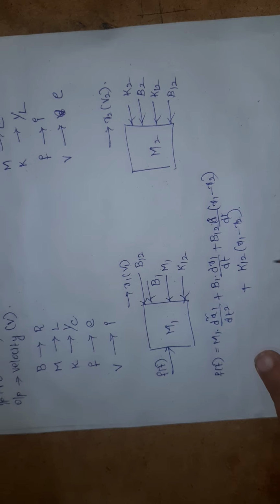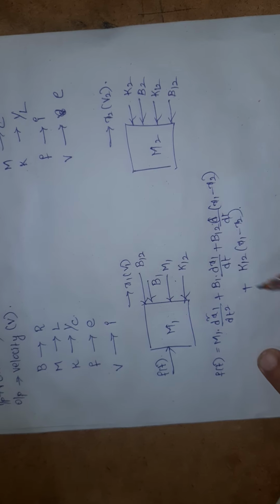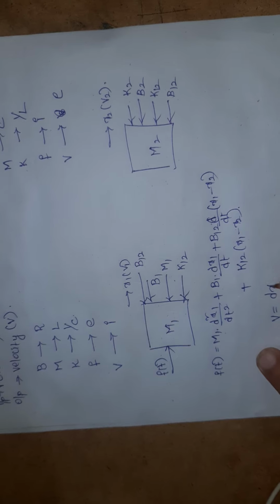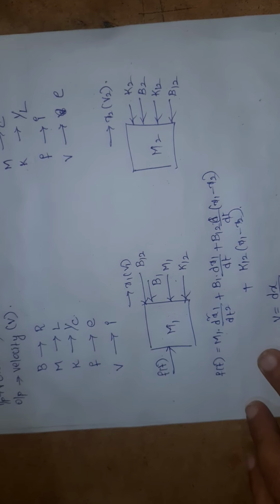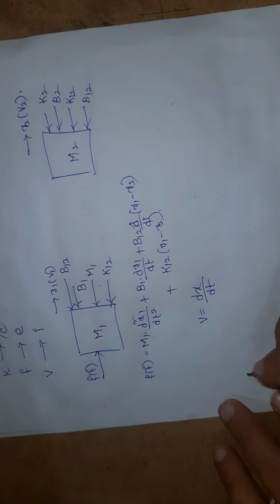Here we consider velocity as output, so wherever we have velocity it is replaced with dx by dt. Just replace v with dx by dt in the above equation.